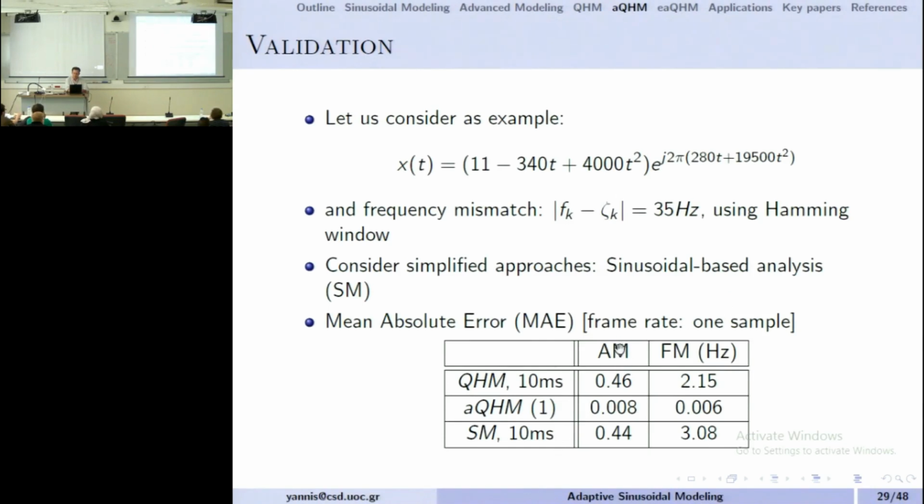And we measure the mistake, the mean absolute error, on amplitudes and frequencies in hertz. So you can see that the quasi-harmonic model, if we model it every 10 milliseconds, is slightly better than the standard sinusoidal model. If we go, of course, every sample, then we have practically no mistake.